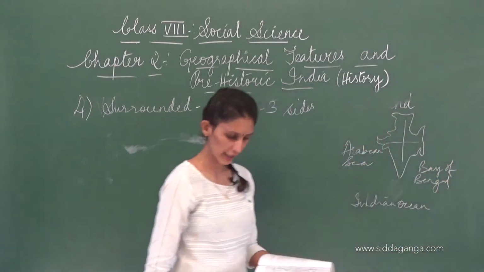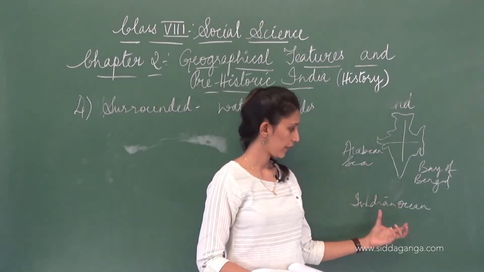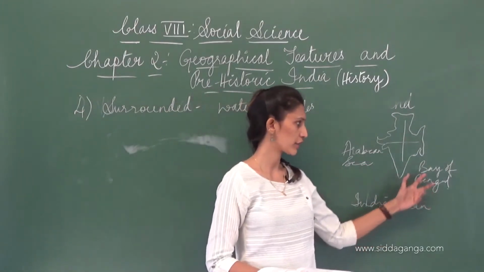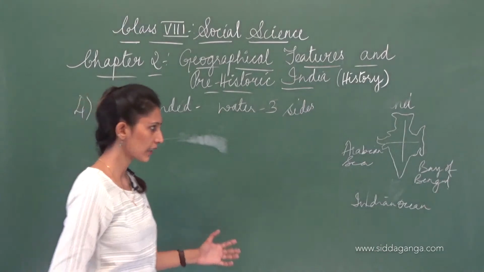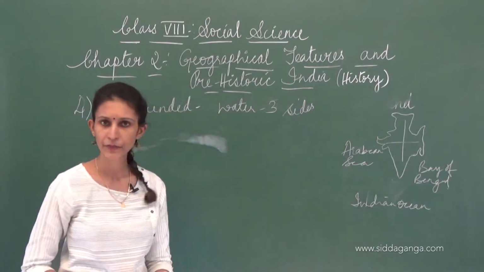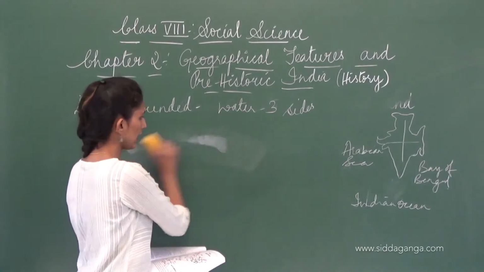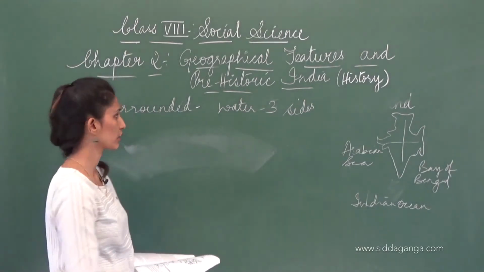See the map in your textbook, page number 7. Because it is surrounded by water bodies on 3 sides, a land mass covered by water on 3 sides is called a peninsula.